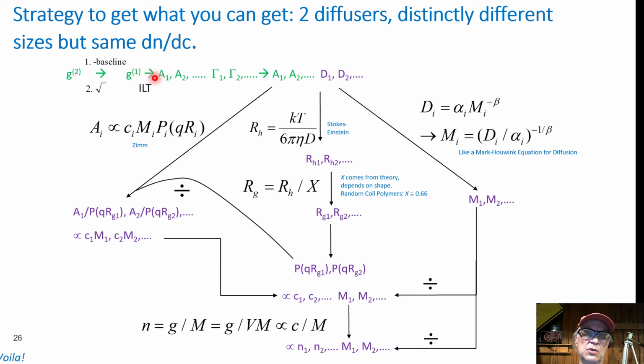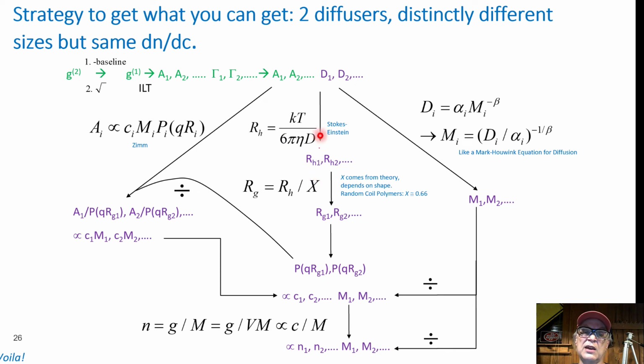Now do an inverse Laplace transform of that, now you have a set of A's and gammas. You convert the gammas to D's, that's reliable. Take the gammas, divide by Q squared, now you've got a set of D's. So you've got amplitudes versus diffusion, so now what are you going to do? Well, I can get from the diffusion coefficients to hydrodynamic radius, which I still haven't exactly told you what that is.